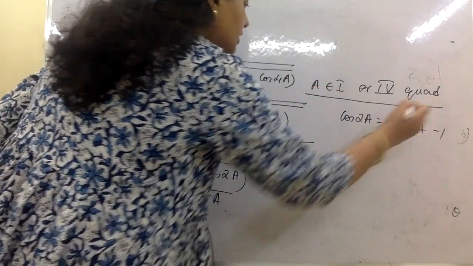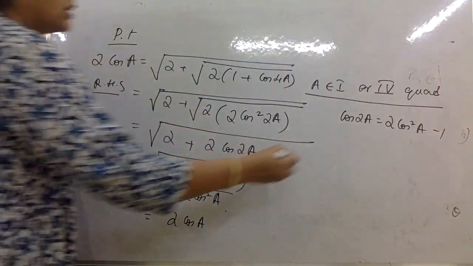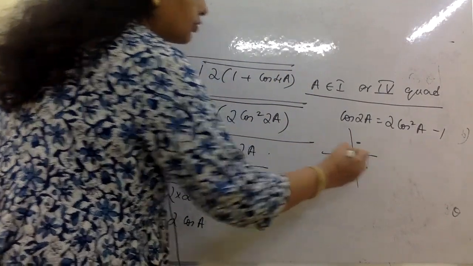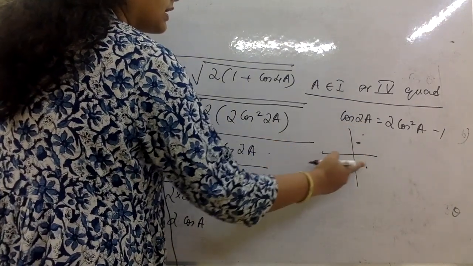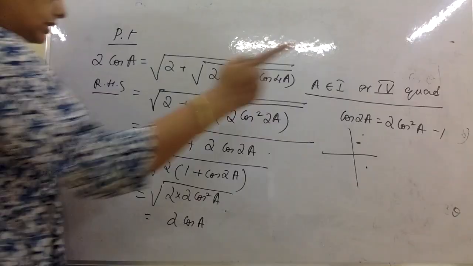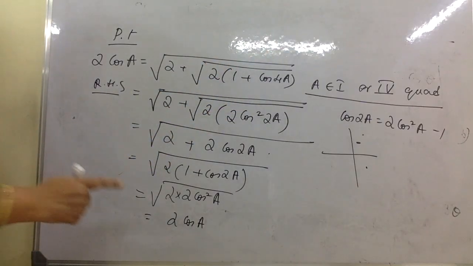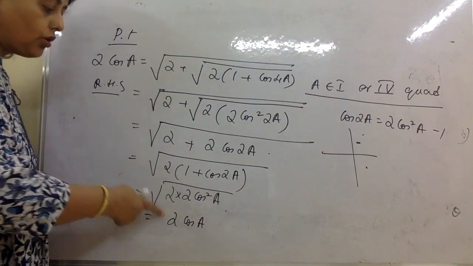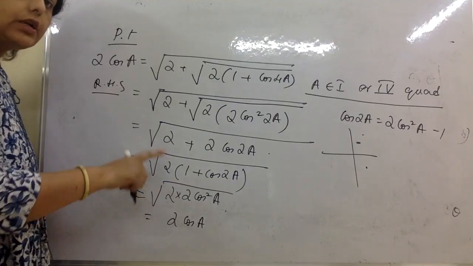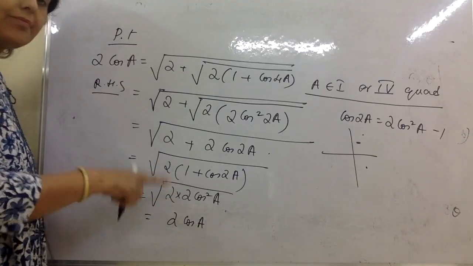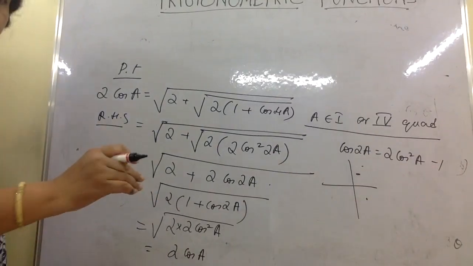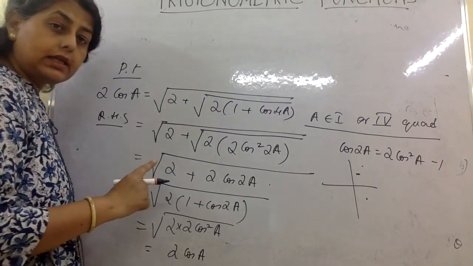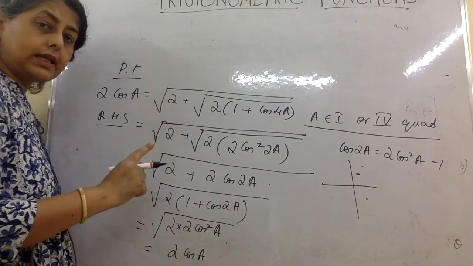A belongs to first or fourth quadrant. Now first quadrant is here, fourth quadrant is here. Here cos is positive, all sine, tan and cos. In these two places cos is positive. That is why when we take it out of the root sign finally, we don't take the minus sign, we take only the plus sign.